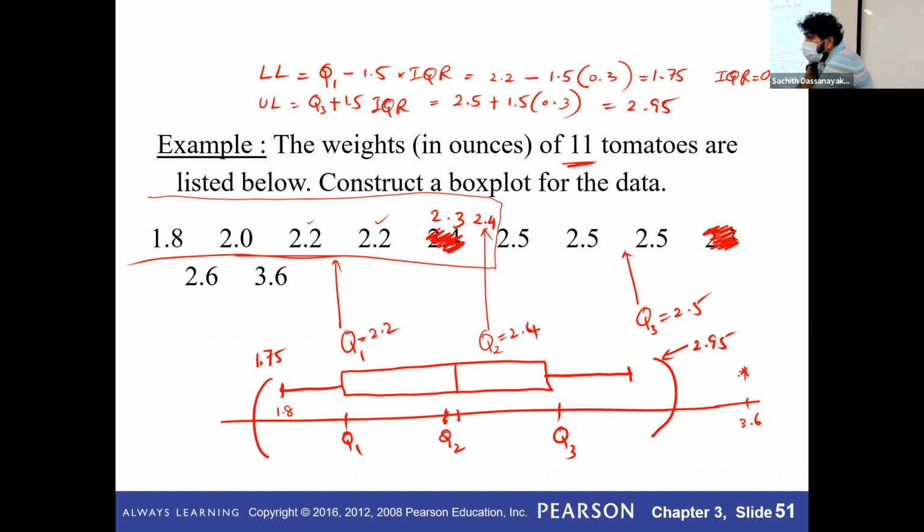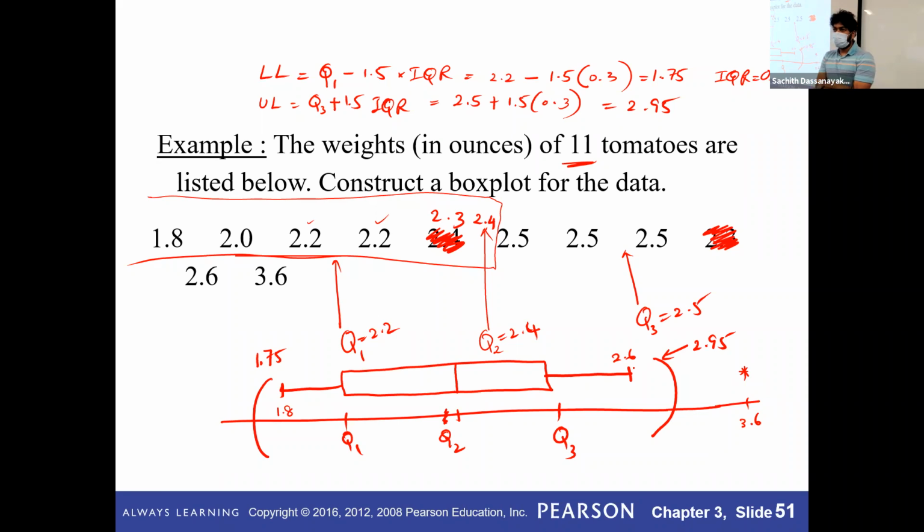I mention them using an asterisk mark. Now, what is the maximum inside the boundary? What is the maximum value that I can bound within using this upper limit? 2.6. So your maximum is 2.6.